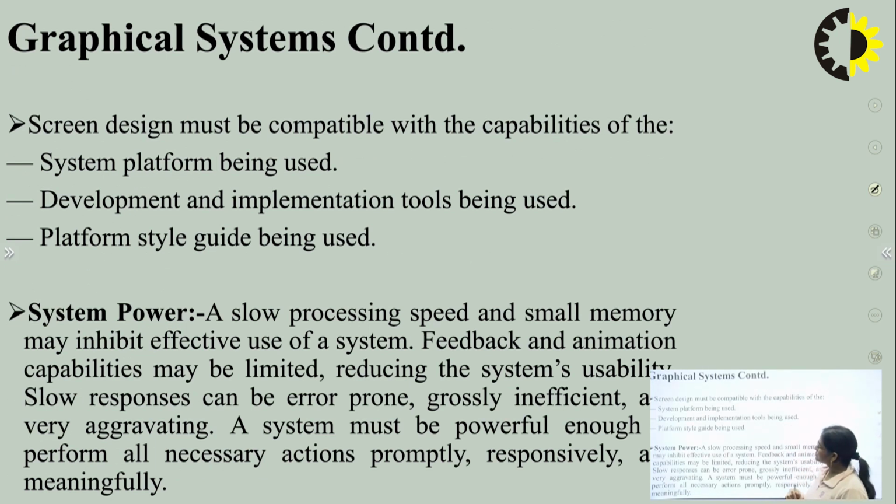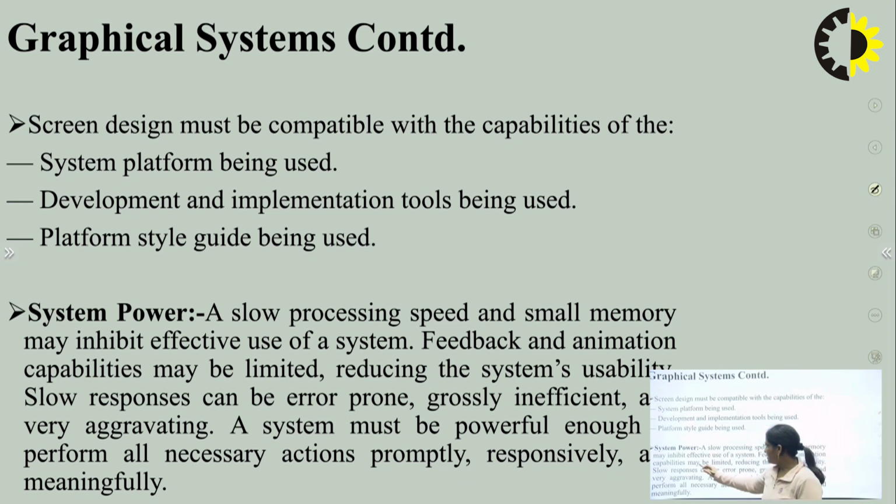Graphical system screen design must be compatible with the capability of the system platform being used, the development and implementation tools being used, the platform style guide being used, and the system power. System power means a slow processing speed and small memory may limit effective use of the system, because if it is slow, then we can use less memory.